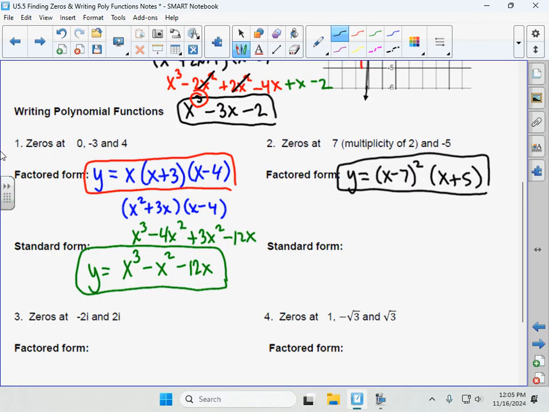All right, so let's go ahead and take x minus 7. We're going to write it twice. We're going to double distribute. Combine like terms.